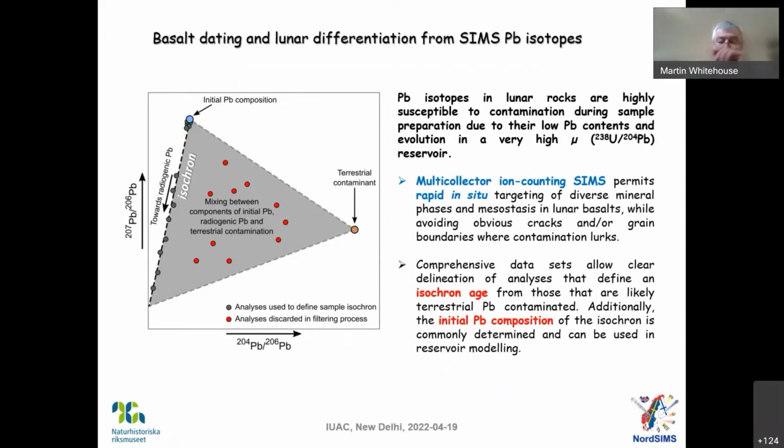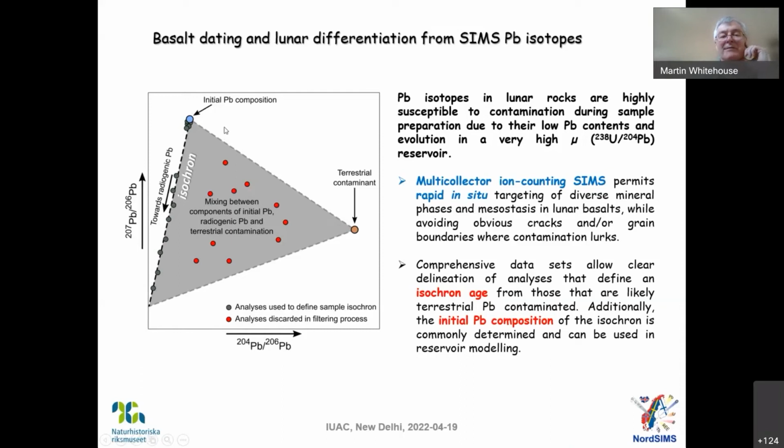So what we can do is avoid those areas, target the clean centers of grains, and then hopefully, instead of getting this set of horribly mixed data here, we reject these samples that are in the triangle approaching terrestrial contamination until we get a statistically valid curve along this axis here.